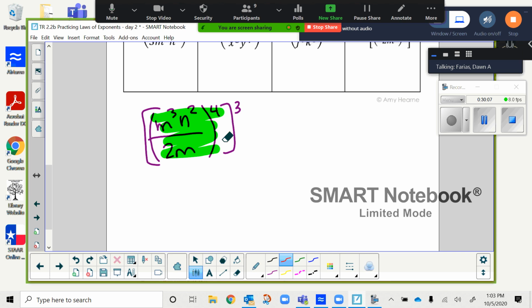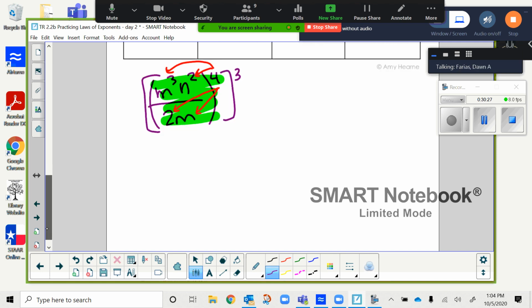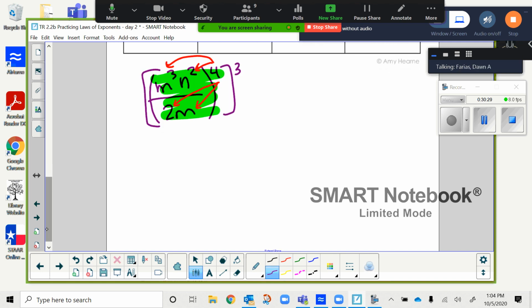So here's how that's going to look. Everything inside this parentheses gets the 4 exponent. But there's a lot of things. There's an m on top and an n on top. On the bottom, there's a 2 and an m. That's 4 things. So I'm taking 4 things and raising it to the 4th power. So the m cubed to the 4th becomes m to the 12th.